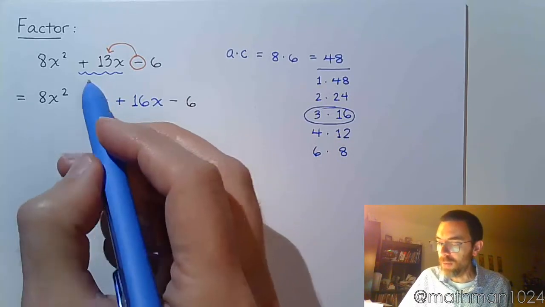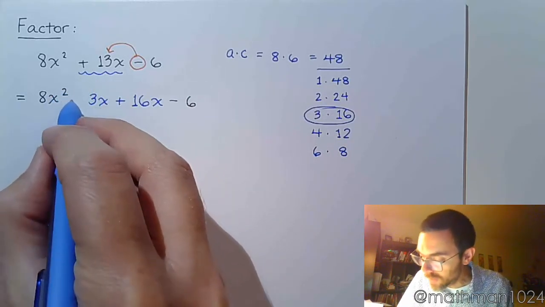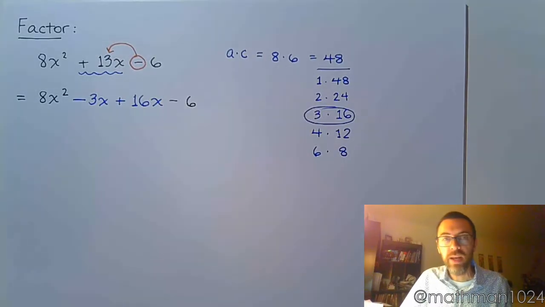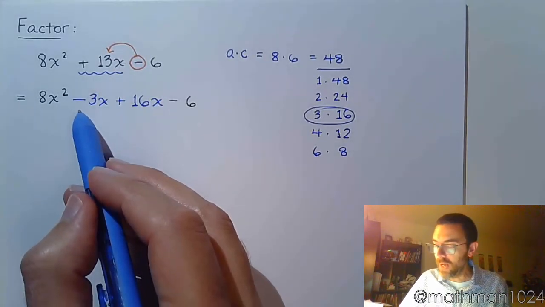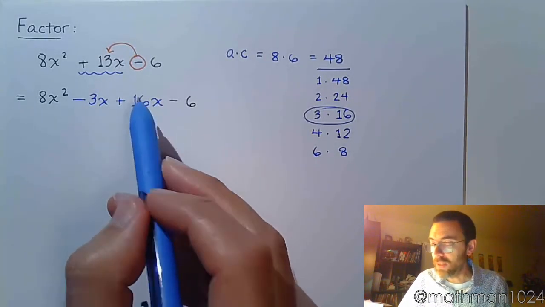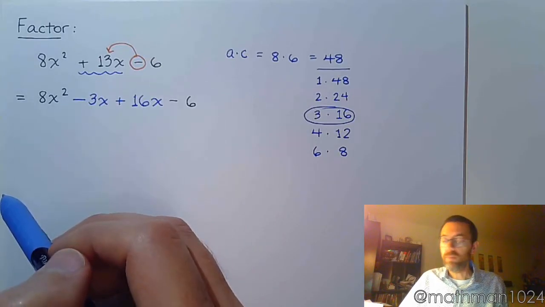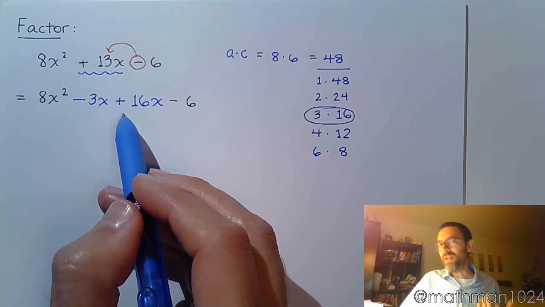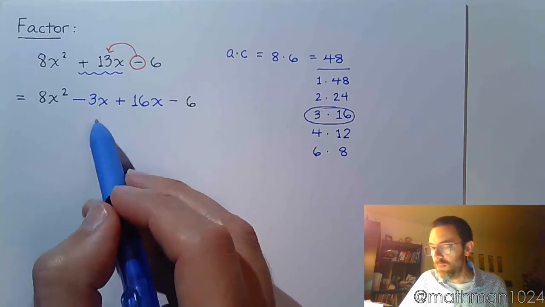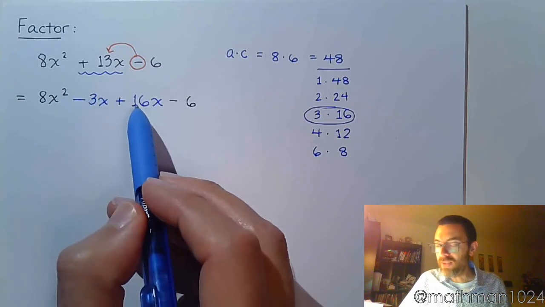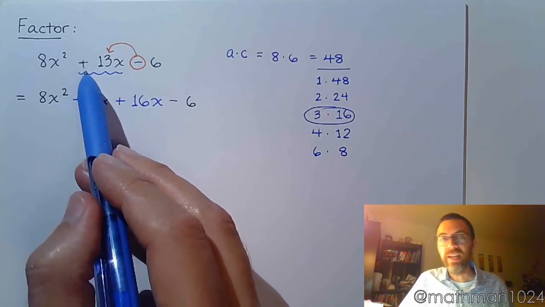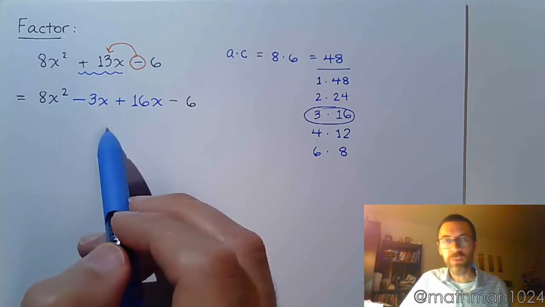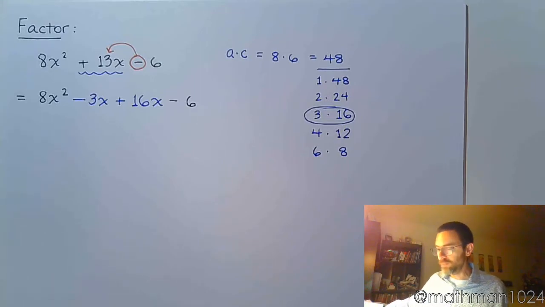And in order for us to have a positive 13, that means this one's going to be negative. So when you take a negative 3x plus 16x, you get a positive 13x. If you'd made both of these positive, that middle term would have been a positive 19x. If you had made the 3 positive and the 16 negative, you would have had a negative 13x. So this is the only combination that's going to work for us.